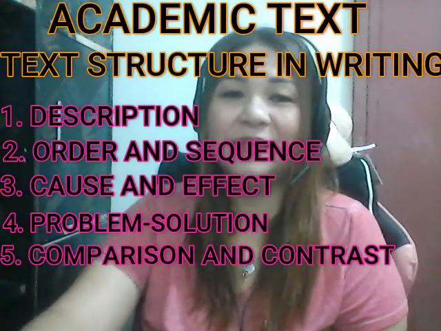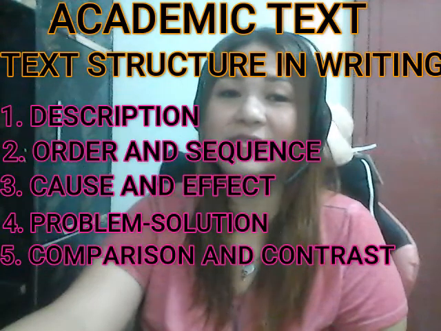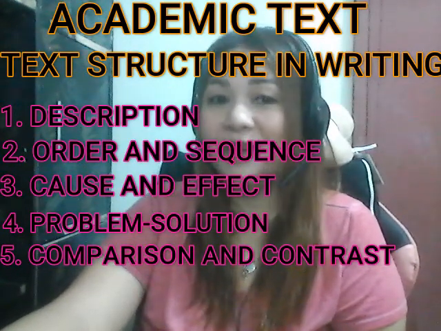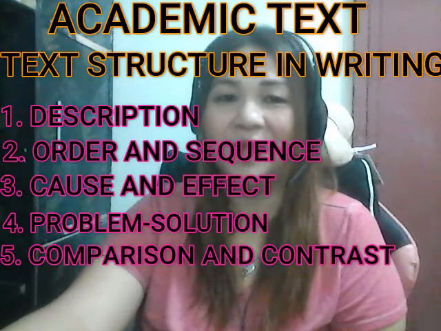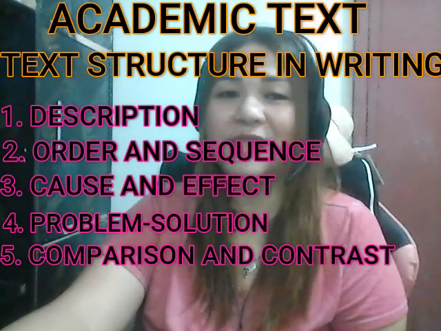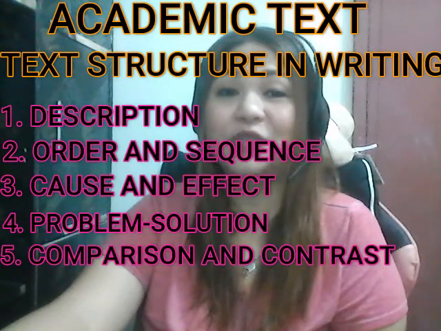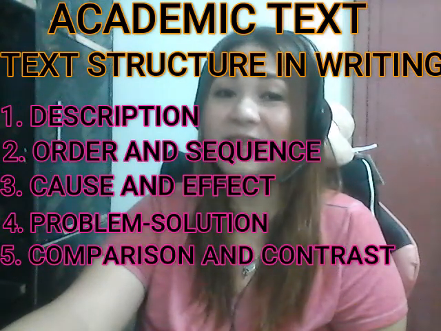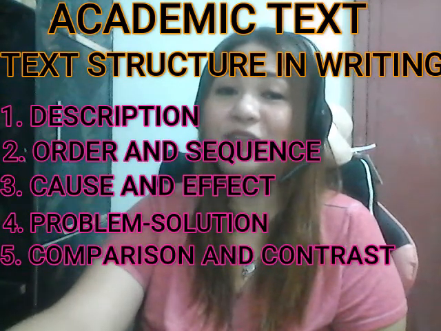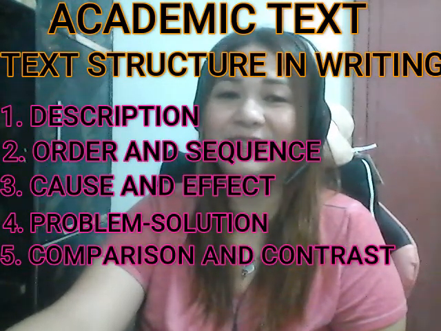This examines the similarities and differences of events and concepts, just like comparing an iPad and a laptop. Just take note of these text structures and remember that when readers recognize and classify the text correctly, this can significantly improve their understanding of the information.